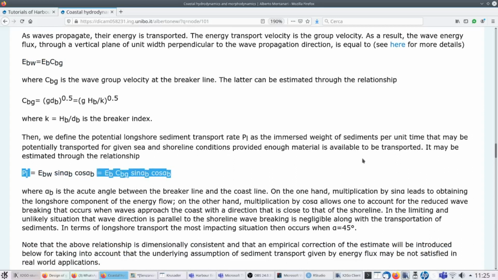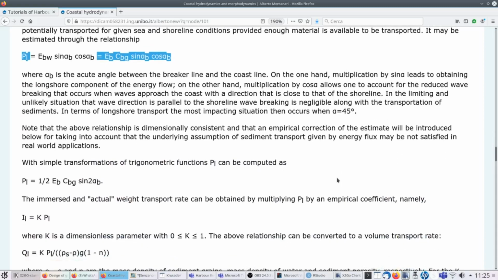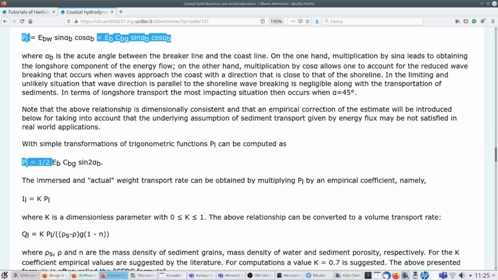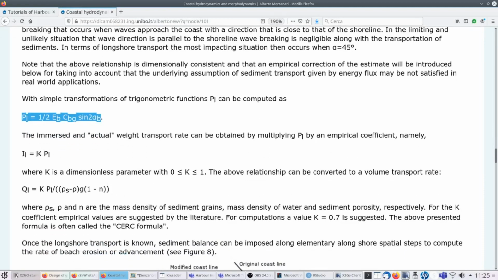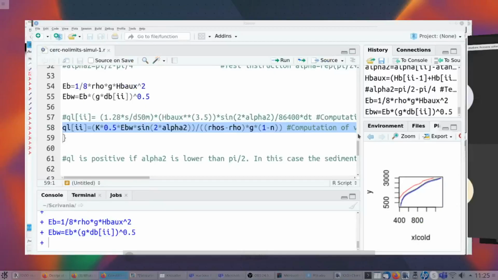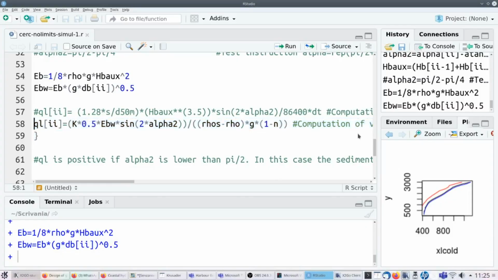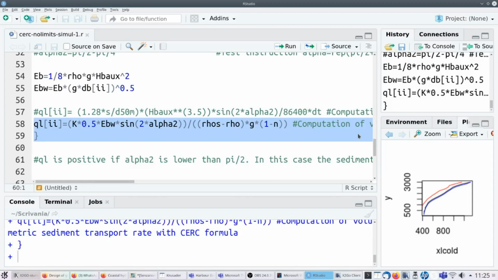I think I am applying this one actually, which is derived from the previous one with simple transformations of trigonometric functions. And also I am including the parameter K, which is included here. So this is what I need to execute, and then we can close the curly bracket.